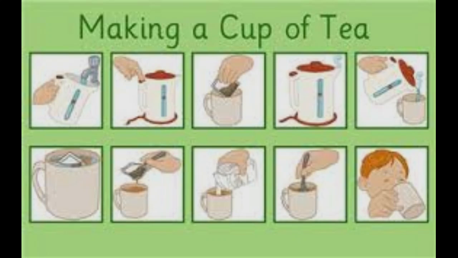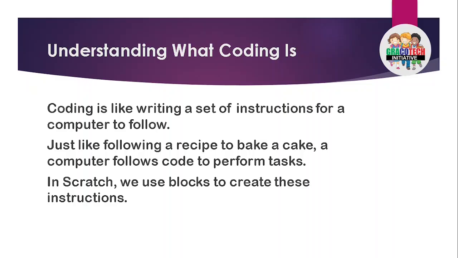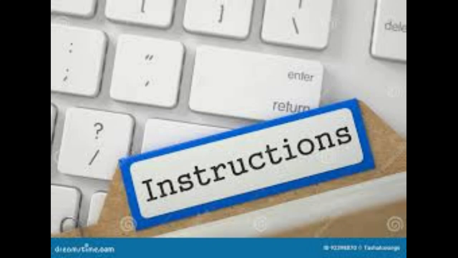Then you get your cup, you put in your milk and everything that makes up your best tea choice, sugar, chocolate or whatsoever. Then you pour your hot water into it and stir. So this is a set of instructions which you use to make a cup of tea. Likewise, when coding, you are following a set of instructions.